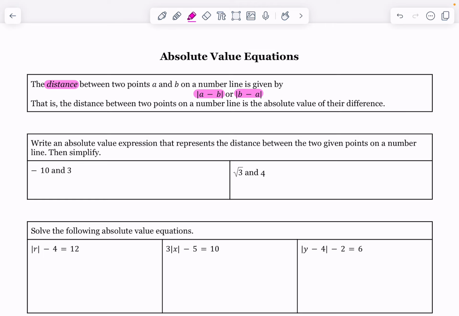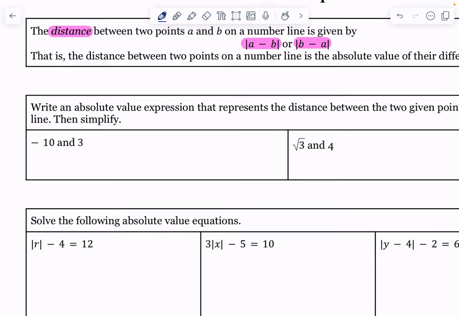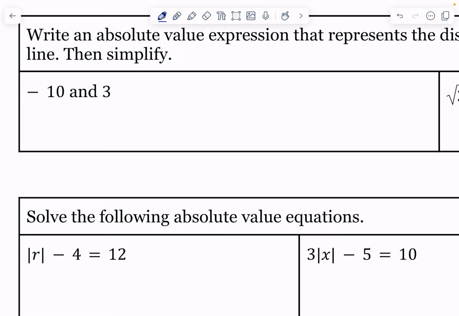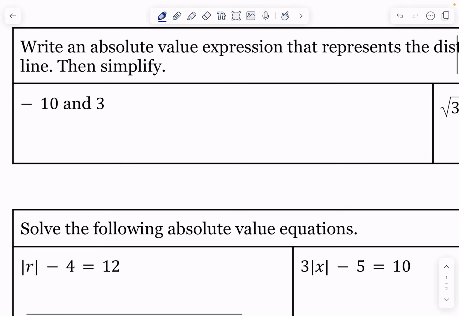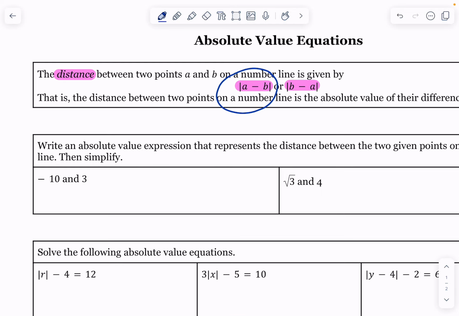For this first section, it says write out an absolute value expression that represents the distance between the given 2 points on a number line. So for this first one, if we are taking the absolute value of A minus B, like up here, we will have the absolute value of negative 10 minus 3, and that would be the absolute value of negative 13.